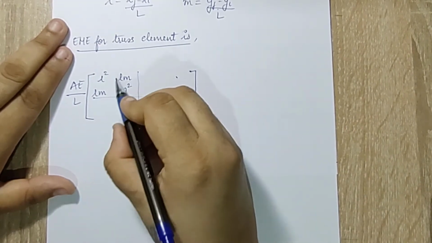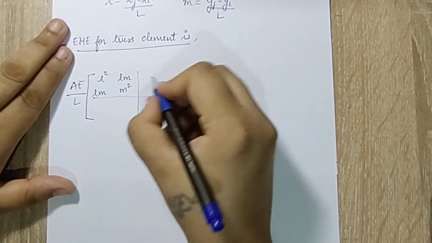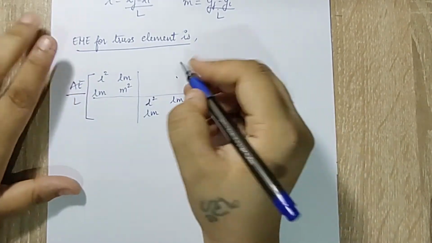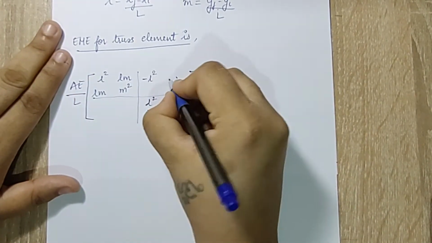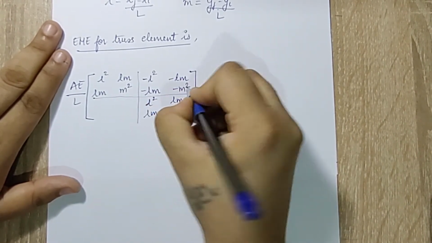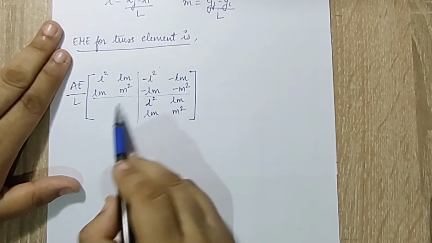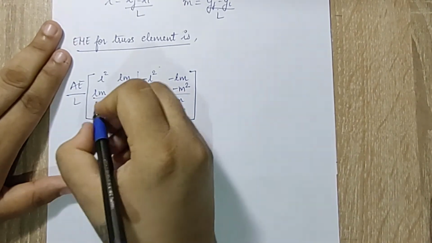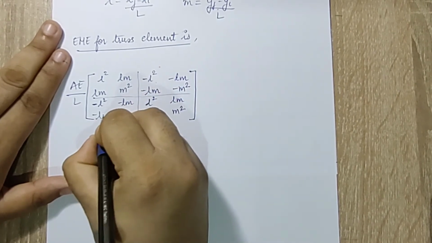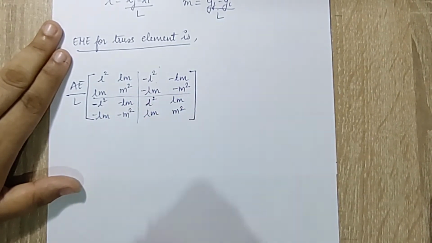Now here we are going to write these same terms, but just the negative of all these terms. So I am going to just attach a negative sign and write minus L square, minus LM, minus LM and minus M square. Whatever you write over here, same has to be copied in this position. So this is the entire stiffness matrix that I have written.